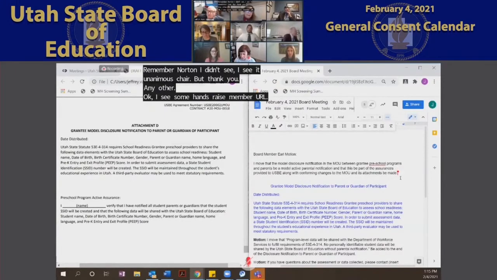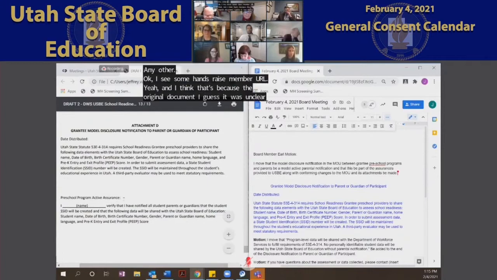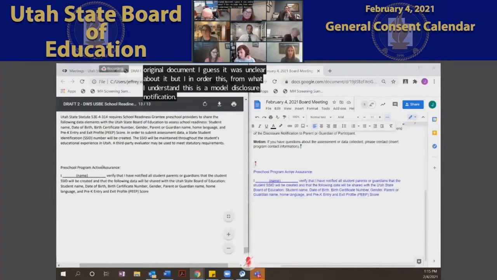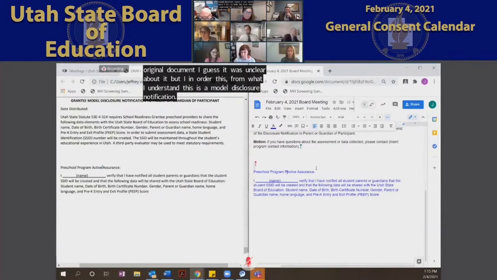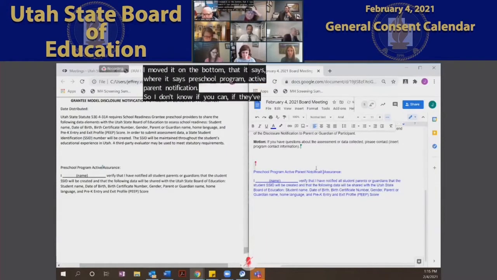I move that on the bottom, where it says preschool program, it says active parent notification instead of assurance. I, parent, have verified that I have been notified by whatever the program is that my child will have an SSID created, and then the rest of that.